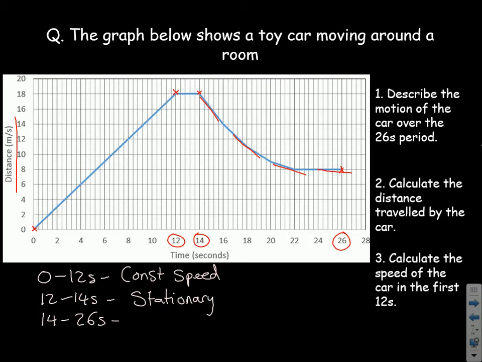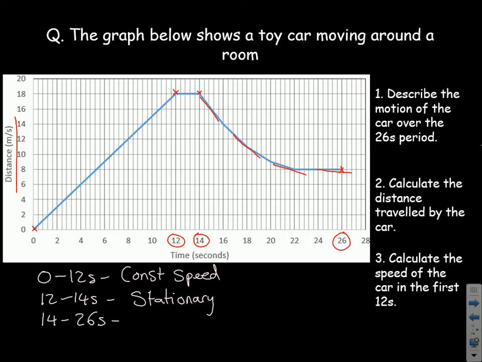In other words, the graph is becoming more shallow. Don't forget, the gradient represents speed, therefore this object is decelerating. Okay, but more than the fact that it's just decelerating, it is moving in an opposite direction. It is no longer moving forwards, it is moving backwards.